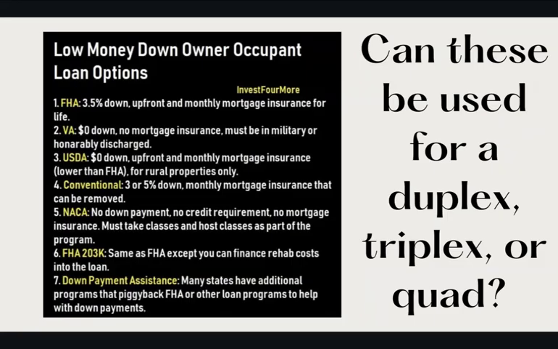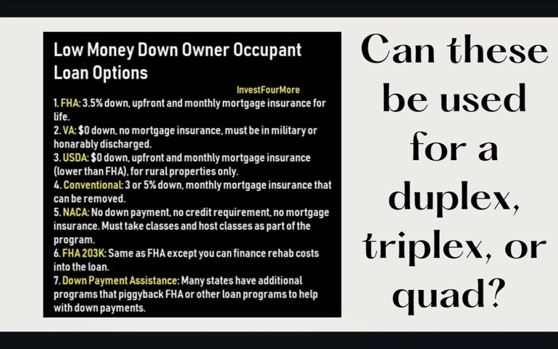The FHA 203K is the rehab option and is very, very similar to the regular FHA loan, except they have the rehab component. And then, of course, we have the down payment assistance program. Now, the great thing is that all of these loan products, for the most part, can be used for a duplex, triplex, or quad.